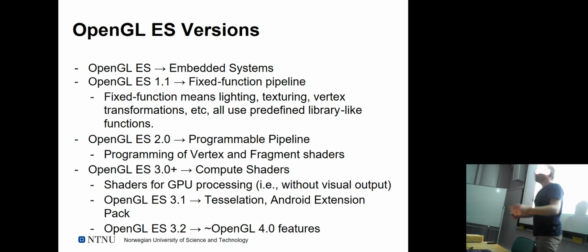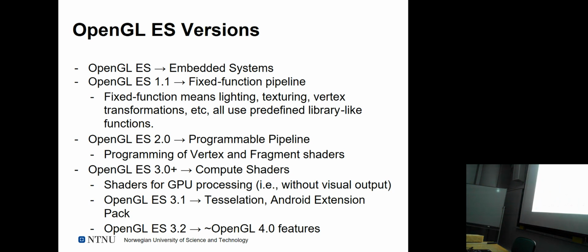Just now with this spec drop, perhaps it's easier to appreciate some of the introduced features. First of all, OpenGL ES, embedded systems, we got that bit. OpenGL ES 1.1 was basically the fixed function pipeline. As I mentioned before, fixed function means that lighting, texturing, the vertex transformations, and all that kind of stuff is built in.